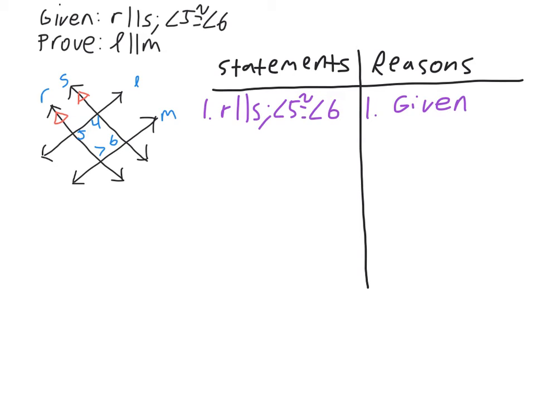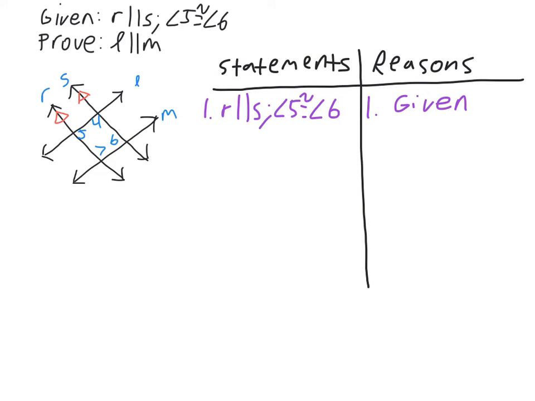The two angles that were actually given names are angle 4 and angle 5. So what do we know about angle 4 and angle 5? Well, they're both in between the two parallel lines, and they're on the same side of the transversal. So those are same side interior angles. And what do we know about same side interior angles? They're supplementary. They add to 180 degrees.